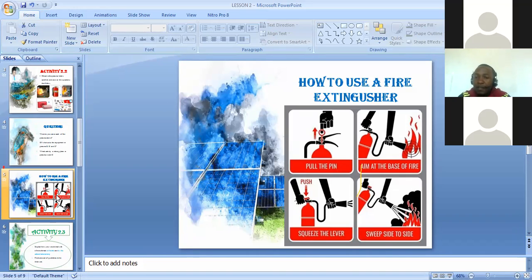Then after, you're going to sweep the lever side to side to ensure that you exhaust all the fire flames coming off. So let us write the 4 steps to use when we want to use a fire extinguisher.